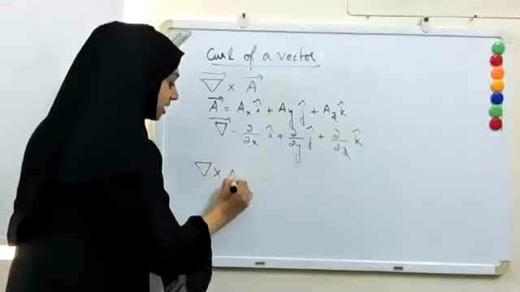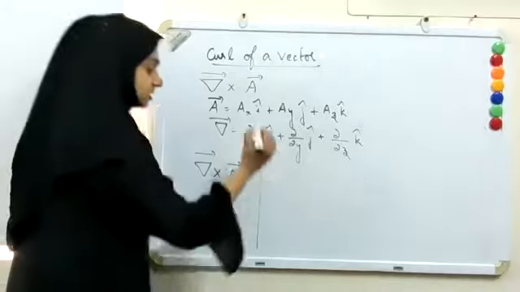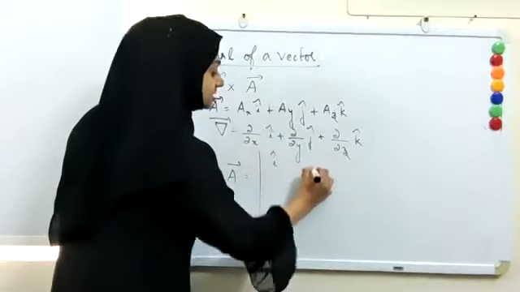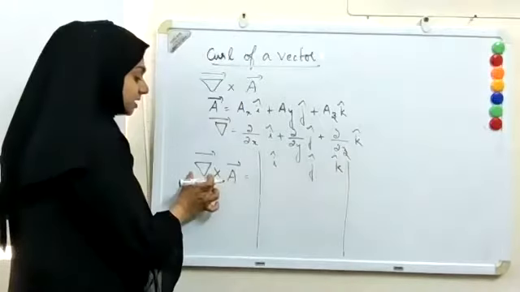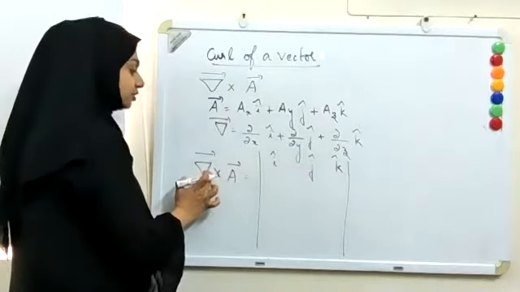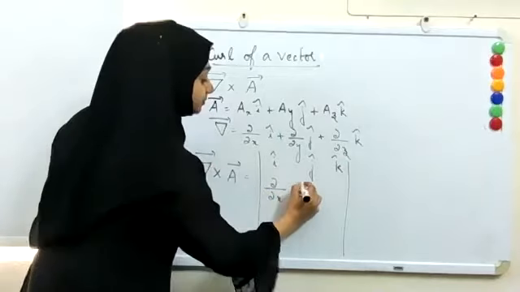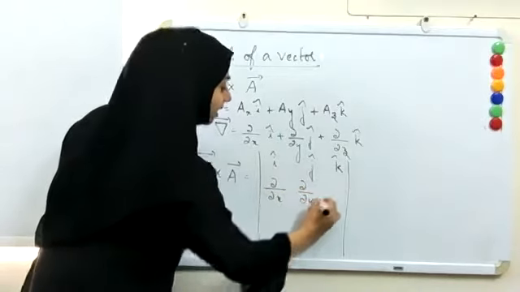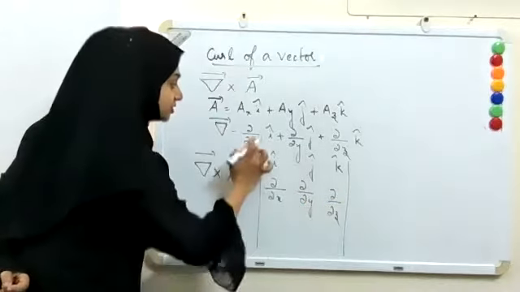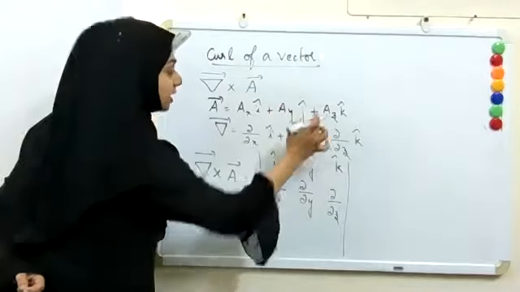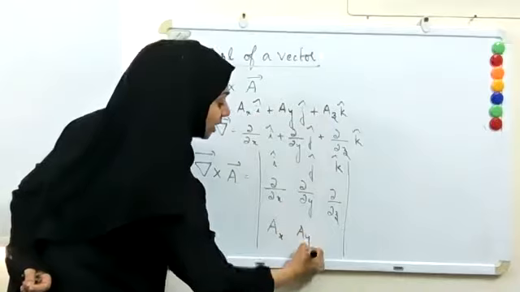Del cross A is equal to, you have to take the determinant. Take i, j, k as the first row, then you have to take the coefficients of i, j, k for the del operator as the second row: dou by dou x, dou by dou y, and dou by dou z. And you have to take the coefficients Ax, Ay, and Az as the third row.